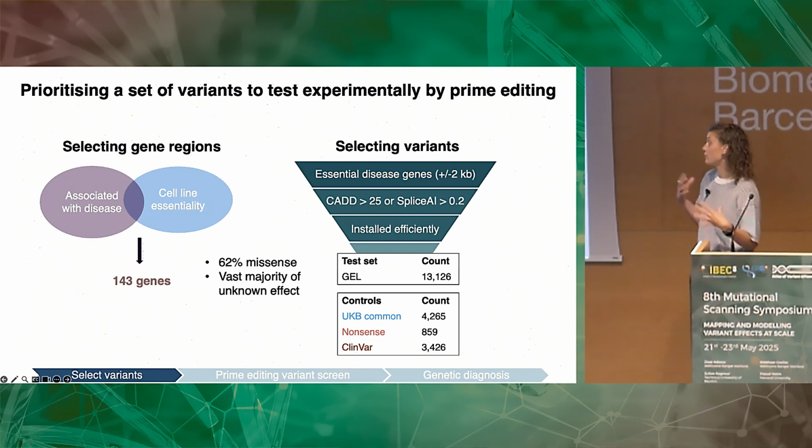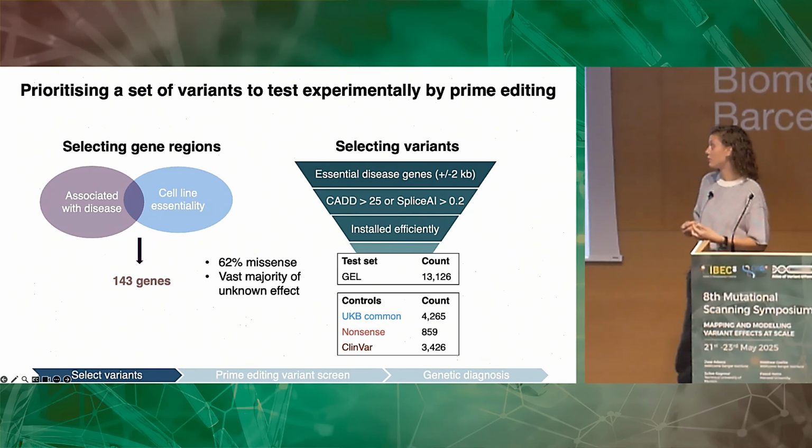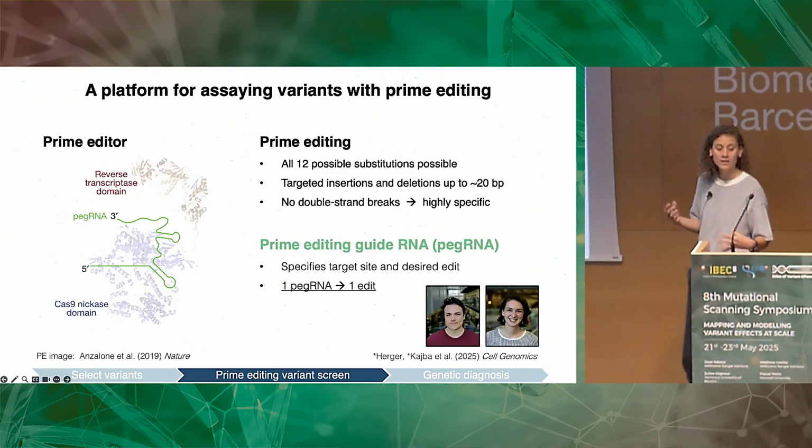So here, what we really want to ask is which of these 13,000 variants from Genomics England are driving phenotypes. And to answer it, we use prime editing. Michael and Christina from my lab have developed this platform that allows, in one single experiment, testing of any variants anywhere in the genome at scale.